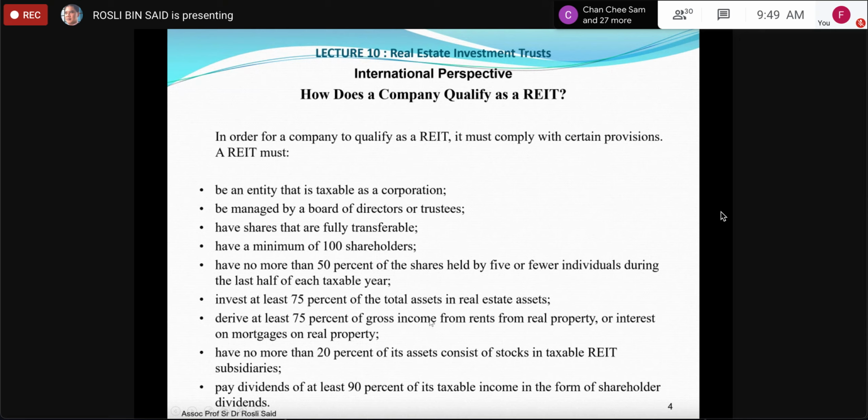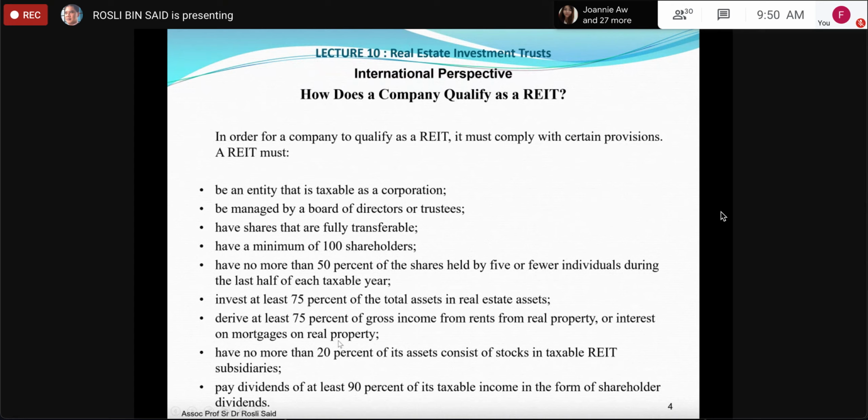What it means here is that financing is not for the REIT company to offer, but they can actually get a mortgage from a financial institution. If they get a mortgage from a financial institution, that means they have to pay interest.